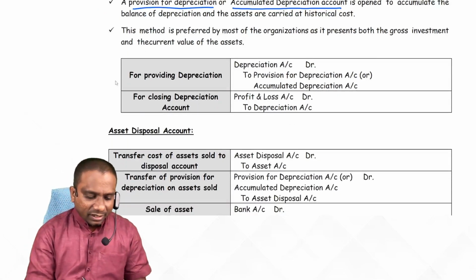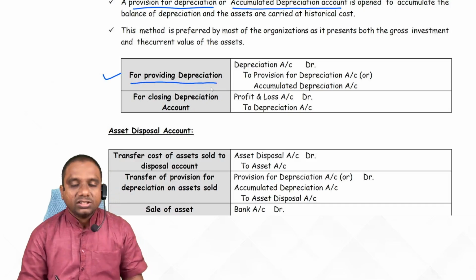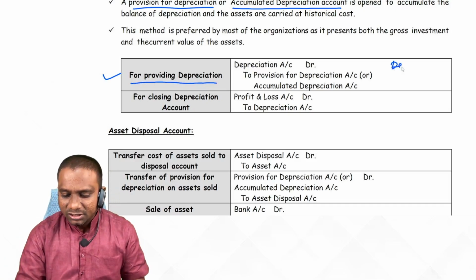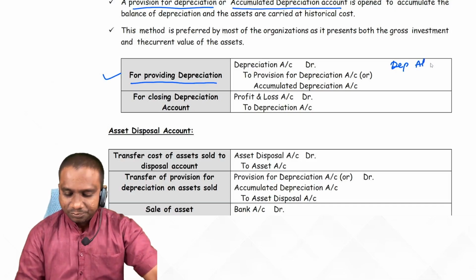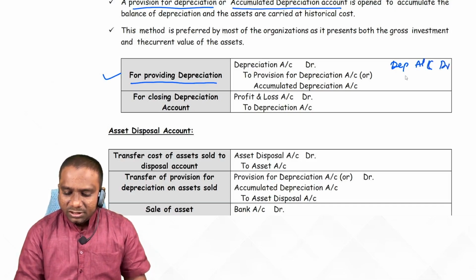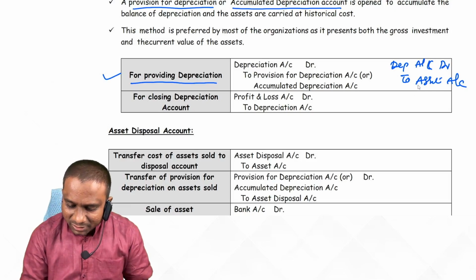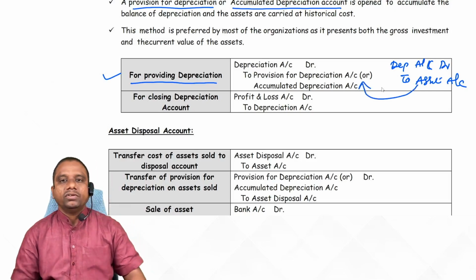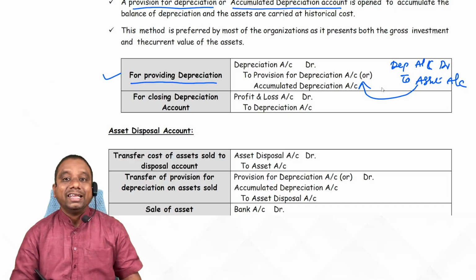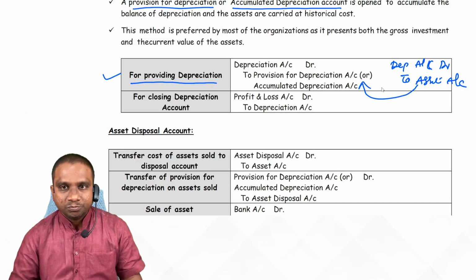Now, what is the entry? First, for providing depreciation, generally what is the entry we record? Depreciation account debit to asset account. But now, in the place of asset, we credit provision for depreciation account or accumulated depreciation account.